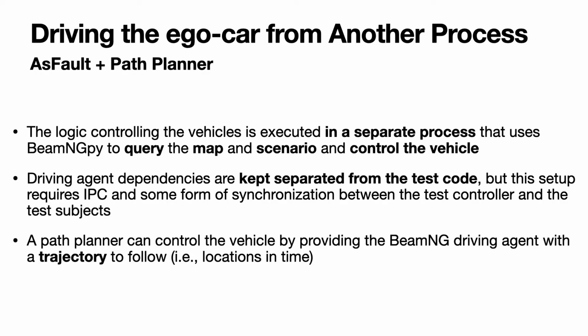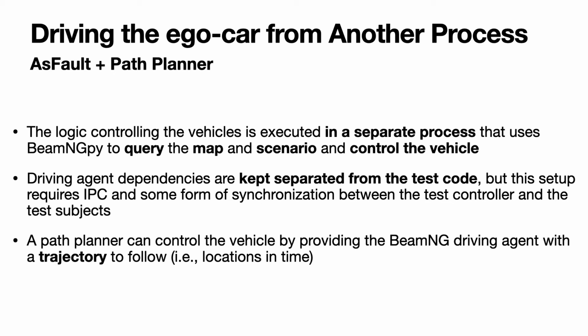The last possibility is to run everything in a separate process, and this is what, for example, the Asphalt tool does. And then the child process, or the subprocess, can query the scenario, the current scenario that is loaded in the simulator, and query the map and its position using sensors. And based on this and some other parameters, it can also plan the control.